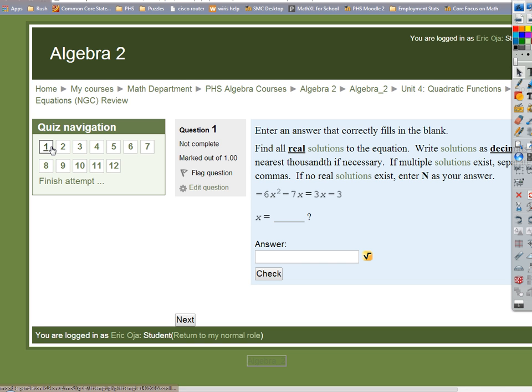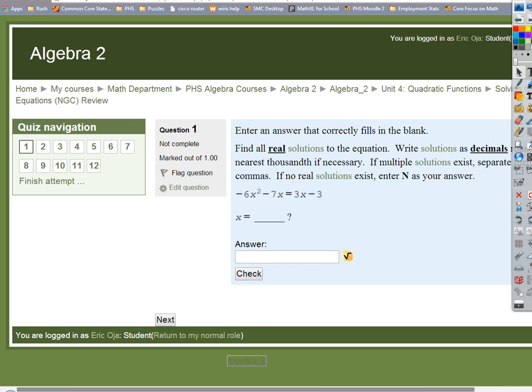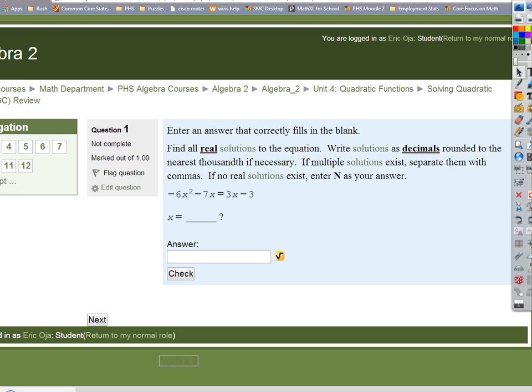Look at the directions on this one. Can everybody see that? Find all real solutions to the equation. Write solutions as decimals rounded to the nearest thousandth. If multiple solutions exist, separate them with commas like normal. But here's the part. If no real solutions exist, enter n as your answer.